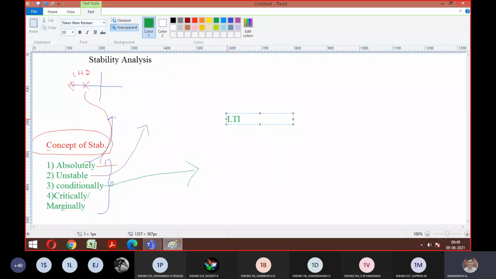The system should be linear, and any change in input should occur in the output also. So that is called time invariant. When there is a delay in the transmitter, there will be a delay in the receiver also.